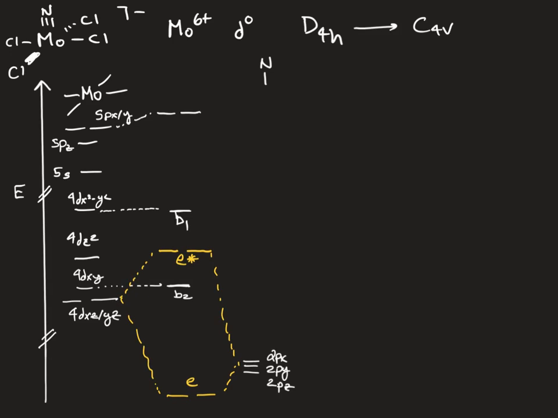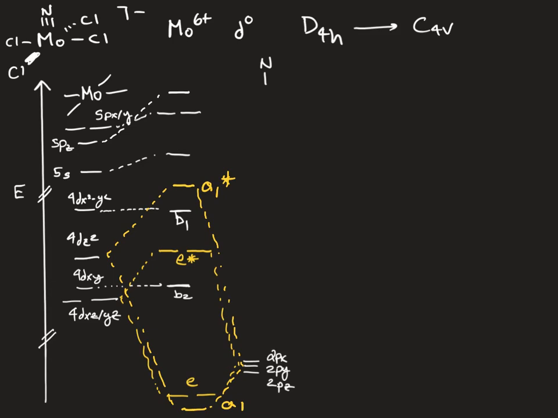We're also going to get overlap of this 2pz with the 5s, the 5pz, and the 4dz², with the major interaction being with the 4dz², forming your A1 and your A1 star.